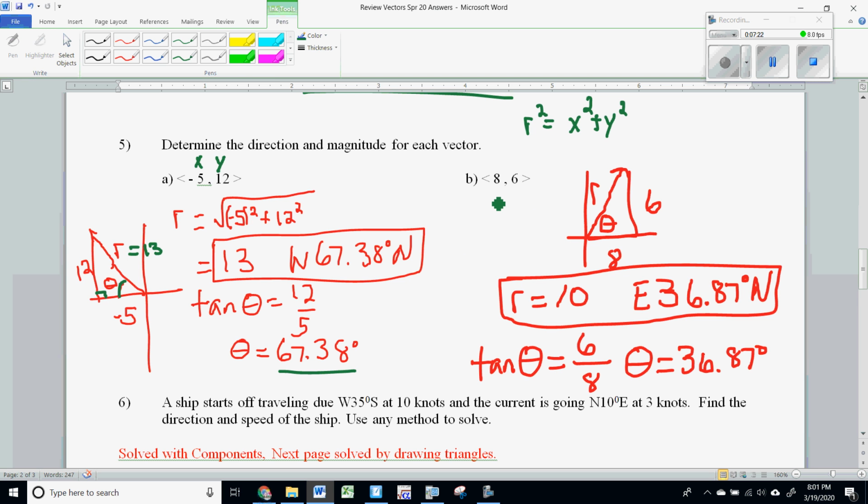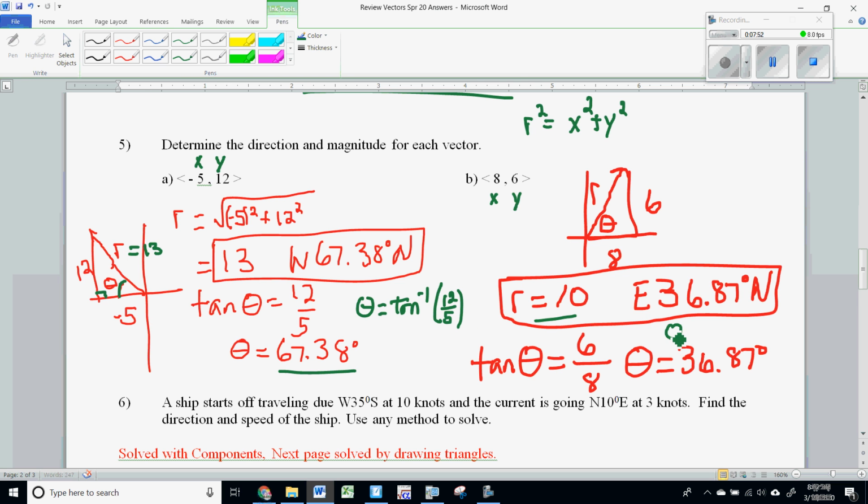Over here, my x is 8, my y is 6. So if I draw my triangle, first off, if I do x squared plus y squared equals r squared, I get r is 10. Then I do the same thing with tangent. And remember, anytime you're trying to find an angle here, what we're doing is inverse tangent. So if I want to find theta, I'm going to do inverse tangent of 12 over 5.